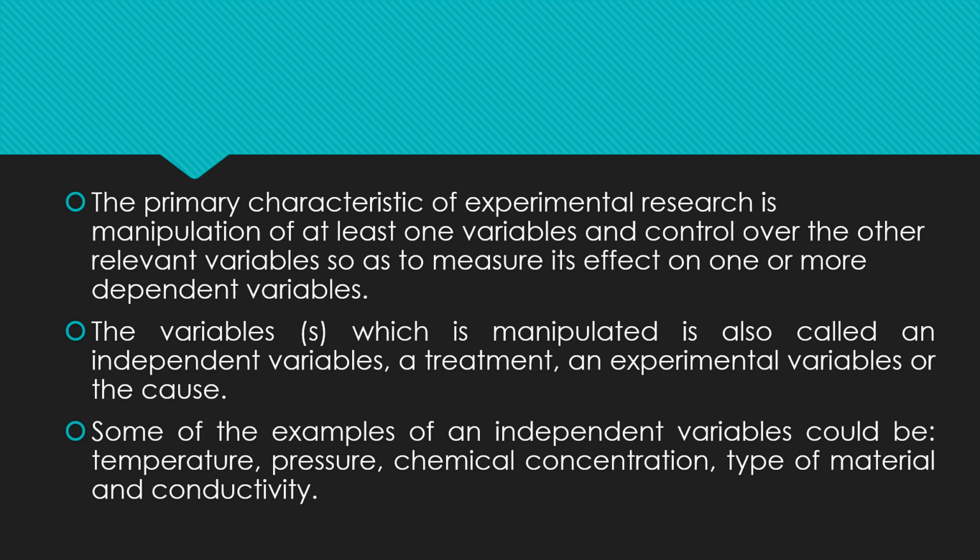Some examples of an independent variable could be temperature, pressure, chemical concentration, type of material, and also conductivity. So when we have experimental research, we will have one type of variable called independent variables, and the other one is dependent variables.